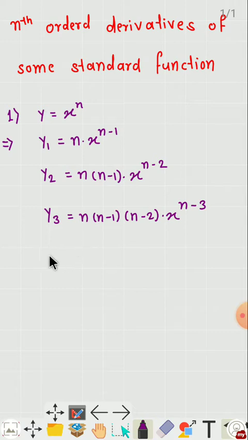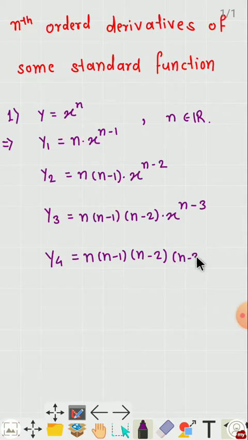Okay, let us find the fourth order derivative. The fourth order derivative of y is the derivative of the third order derivative. The first three terms, n, n minus 1, n minus 2, are constants, since n belongs to the set of real numbers. And the derivative of the last term is n minus 3 into x raised to the power n minus 4.